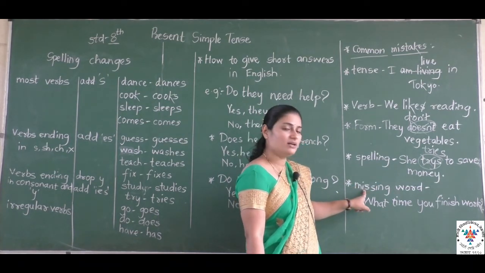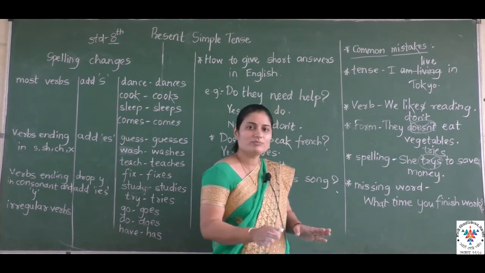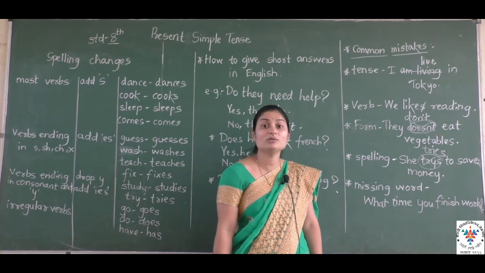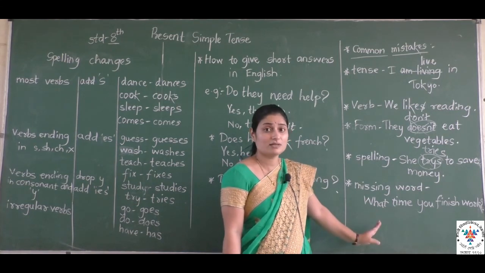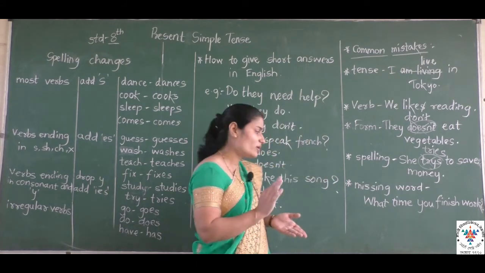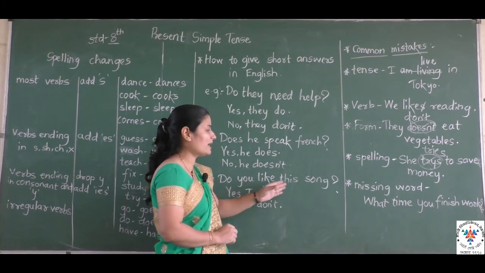Next, missing word. Sometimes students miss or drop a word. What time you finish work? This is a WH question. A WH question is also easy when you are framing a simple question. Do you like this song?